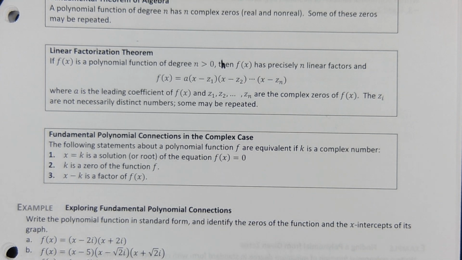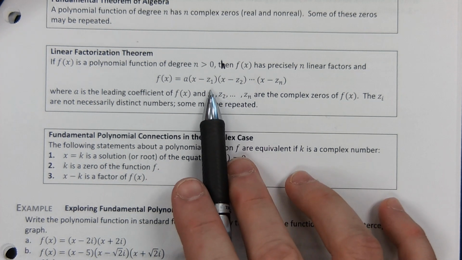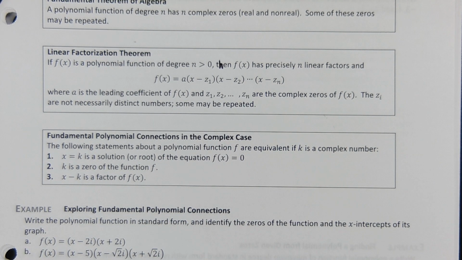Okay. So in our linear factorizations, you might have noticed that these all say z. Z is the letter that mathematicians use to represent complex numbers, lowercase z. So if I wanted to say that my solutions are 2 plus i and 2 minus i, I would say z sub 1 is 2 plus i and z sub 2 is 2 minus i, instead of saying x equals.